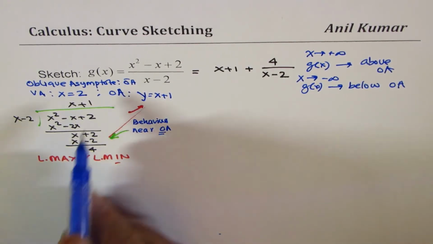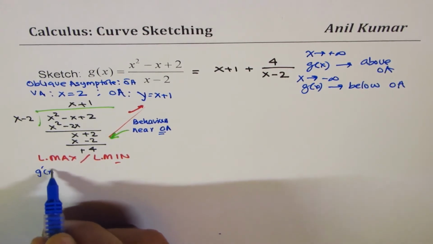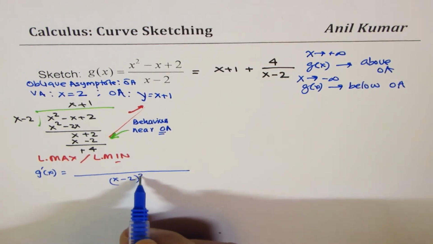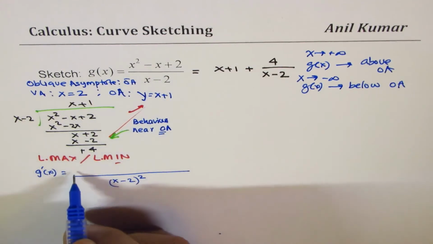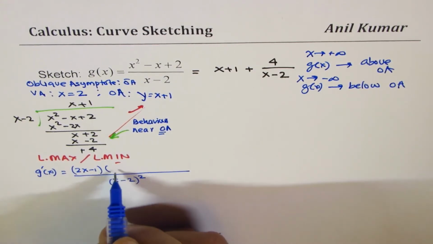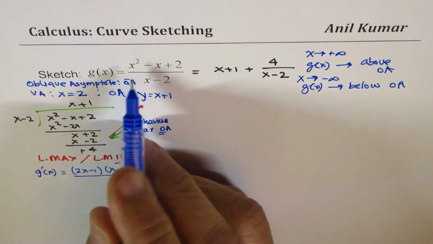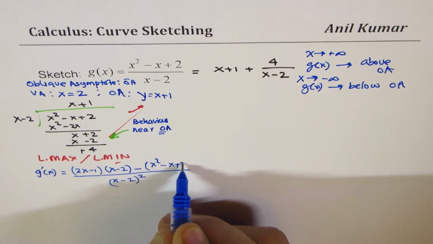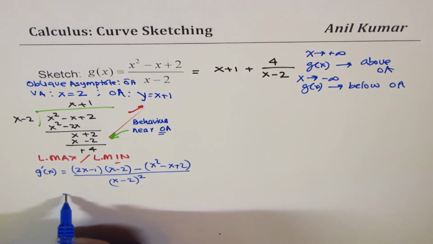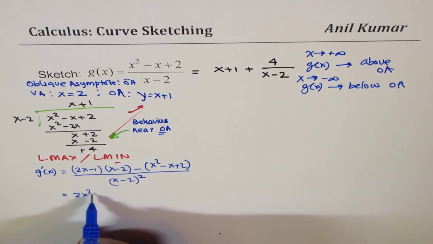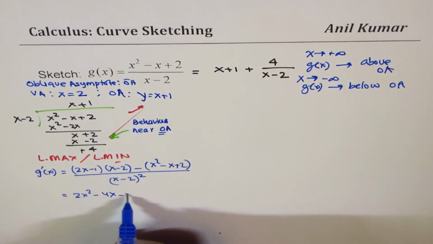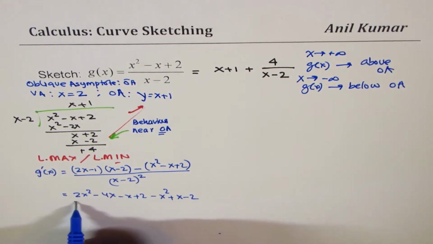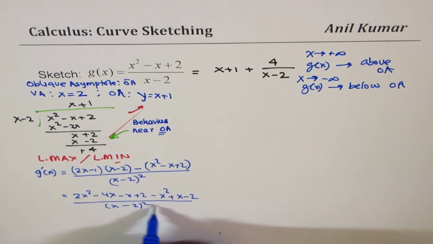So let's find the derivative now. g dash x is the first derivative: denominator squared, which is x minus 2 whole squared, derivative of numerator, which is 2x minus 1, times denominator x minus 2, minus derivative of denominator, which is 1, times x square minus x plus 2.